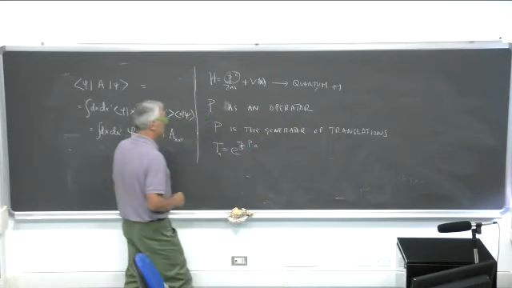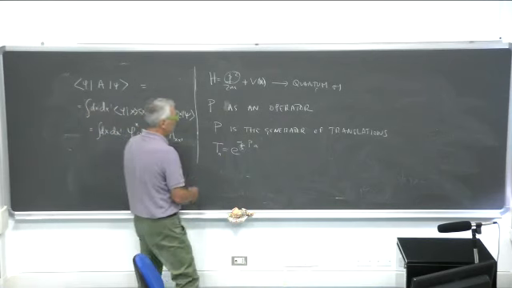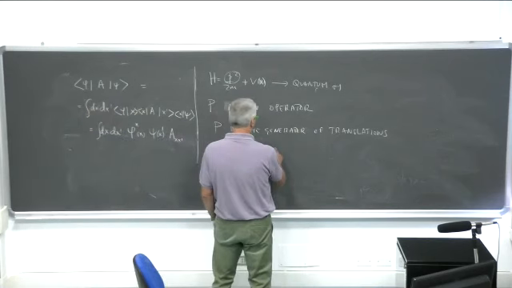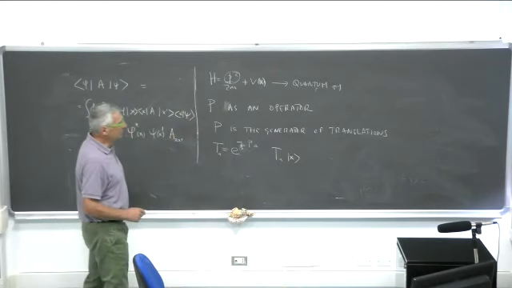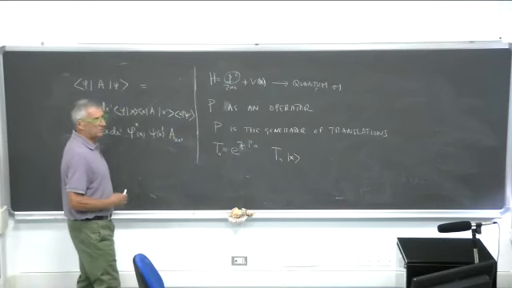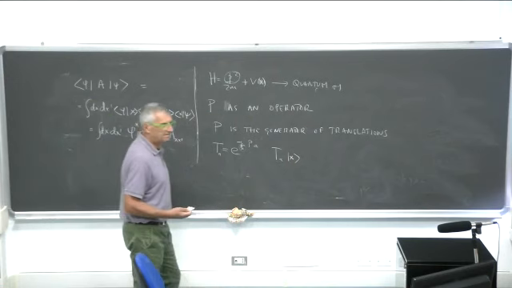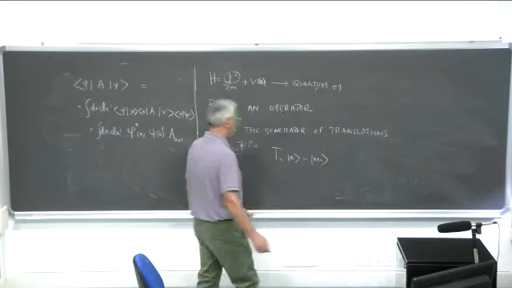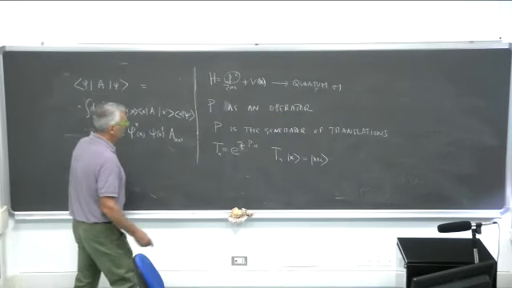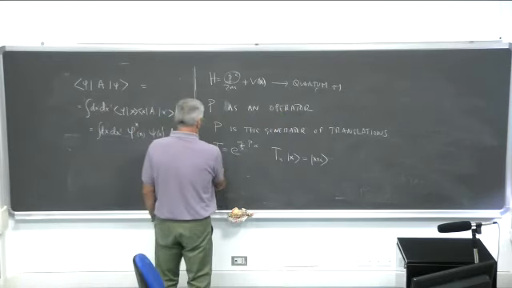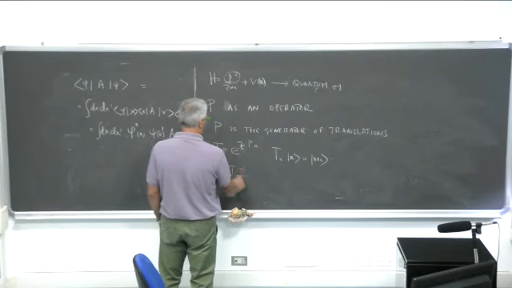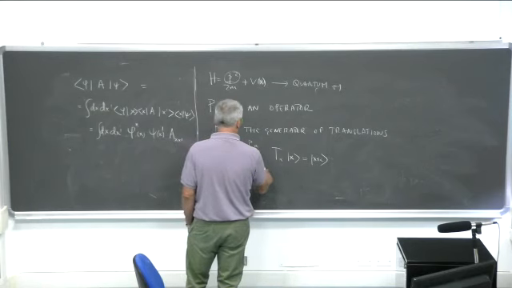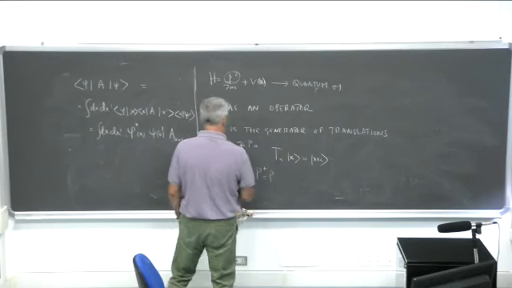This is what we postulate. And T_a, what should T_a do? When applied to an eigenstate x of the position operator, it should shift the position by an amount a. This is our requirement. Moreover, T_a is unitary because p is Hermitian. Okay.